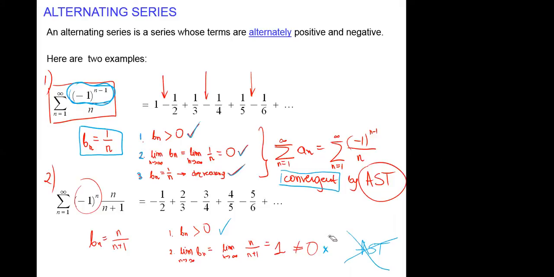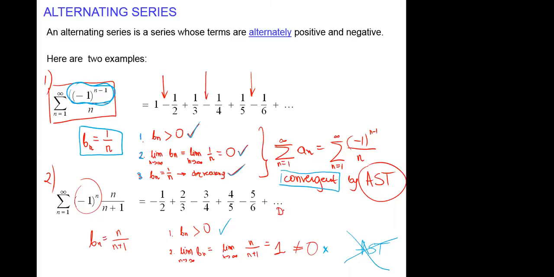This is an example showing you that if we're not satisfying one of the conditions, the alternating series test is not a good test. But actually, if the limit is different than 0, we will conclude divergence based on the test for divergence.